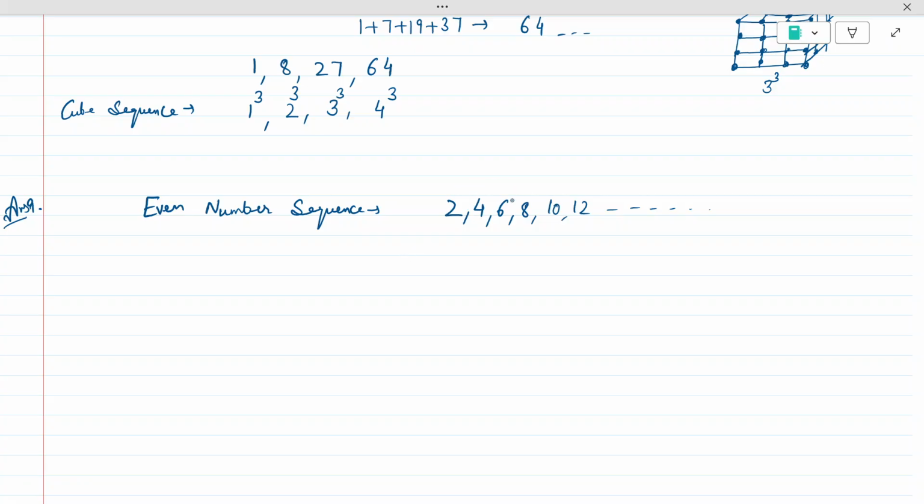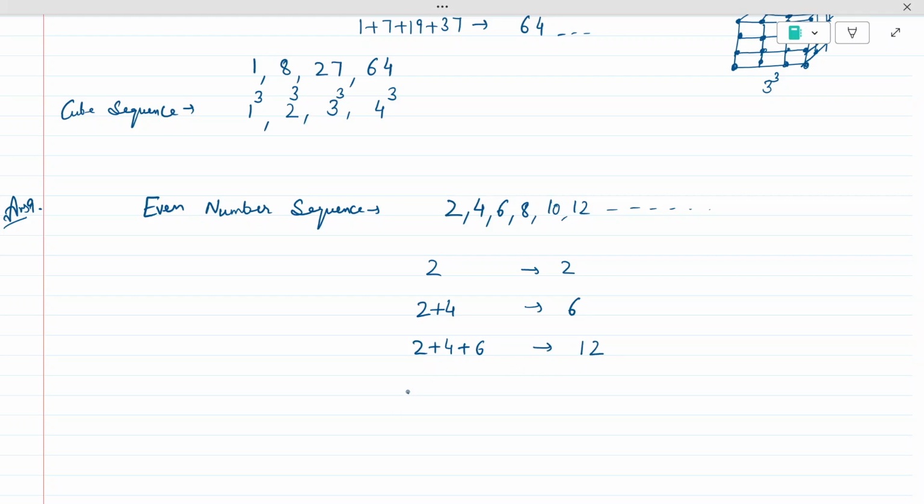Now, let us try to add these numbers up. First we have 2, which will be as is. Next will be 2 plus 4, which will give us 6. Next, we have 2 plus 4 plus 6, which is 12, right?